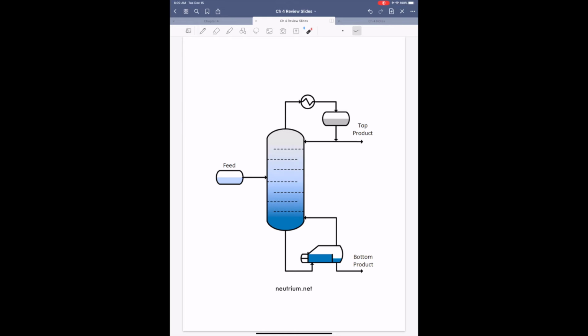But it's basically filled with a bunch of different stages that heat the liquid and the vapor that form. All right? But in the end, what you get is a top product that's enriched in the volatile component and a bottom product that's mostly the less volatile component.